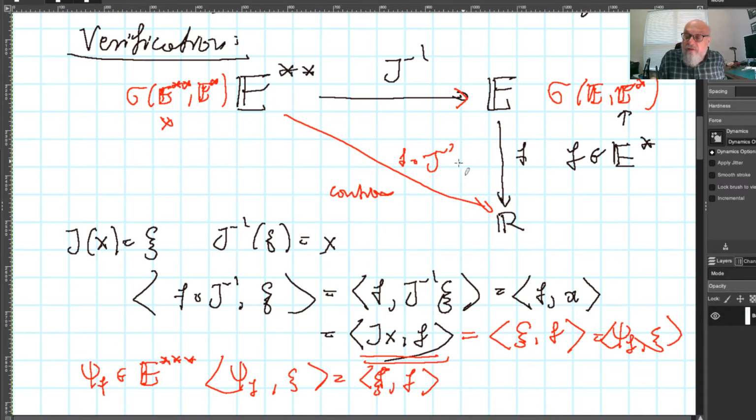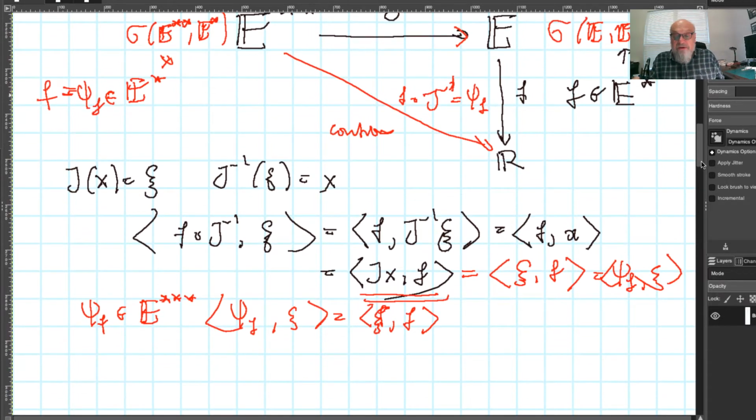So that's it. This is J minus 1 psi of F, and psi of F belongs to E star, because this is exactly our F.